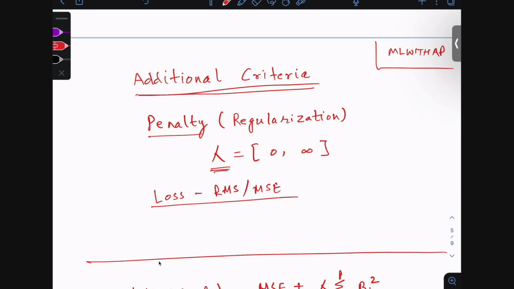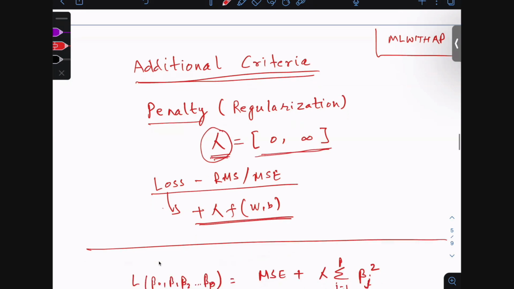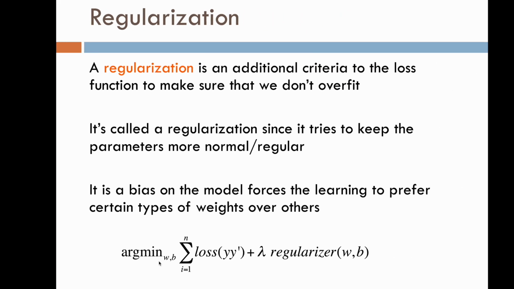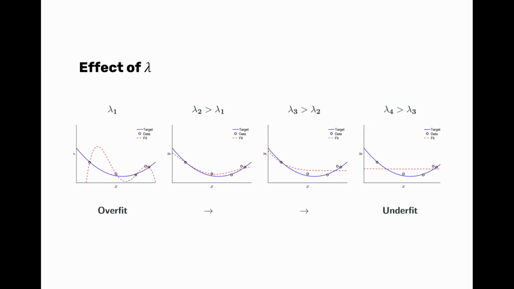We are adding a lambda parameter, and then we have a function of our weights and biases. So we are adding an extra criteria here, and this lambda can be any value between 0 and infinity. We'll see in a minute what we mean by that. Now let's go back to the deck.